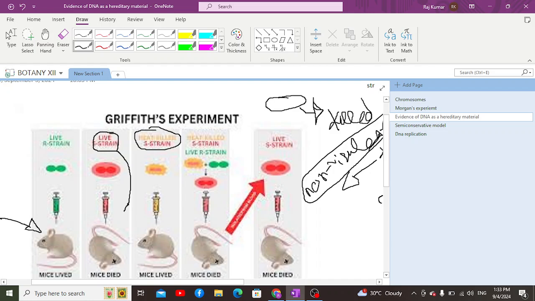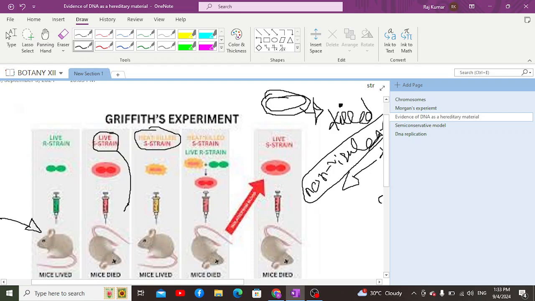The S strain was unable to perform its function and thus unable to cause infection in the mice, so the mice remained alive. The only thing left in the heat-killed S strain was the polysaccharide coat, because it was non-living.